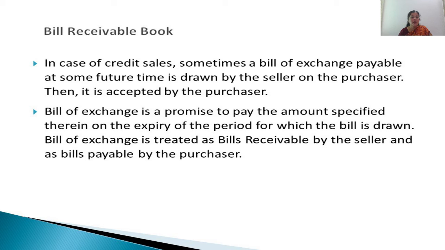So all those bills which he has drawn and on which he is going to receive the amount, all those bills he writes in a particular book. This is what we call bills receivable book.